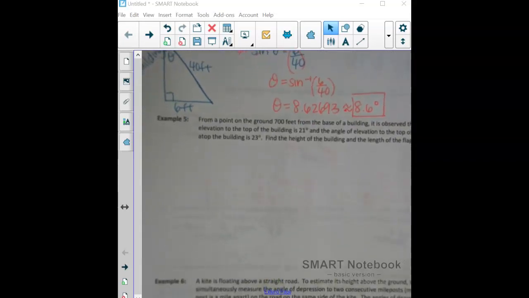So whenever you guys are doing this, read it through once so that way you see what it's saying, and then read it one more time to actually graph your stuff out.